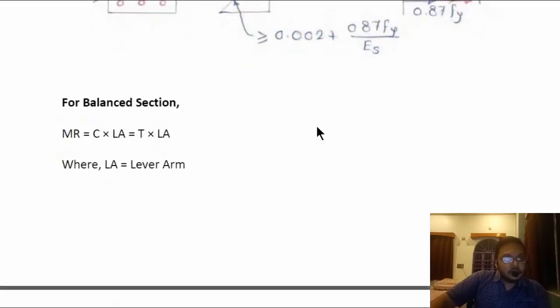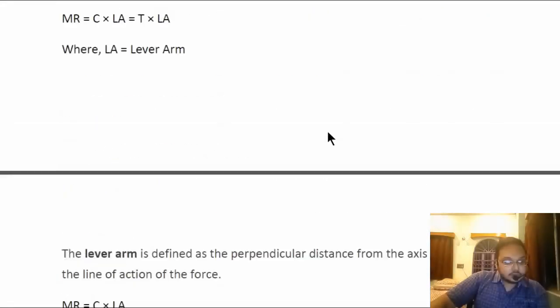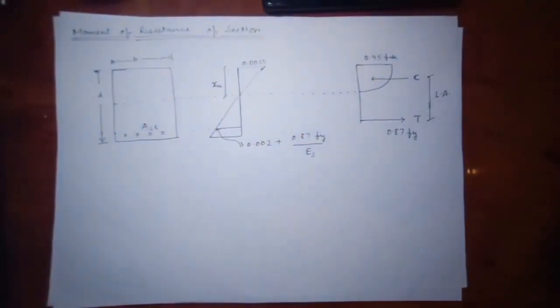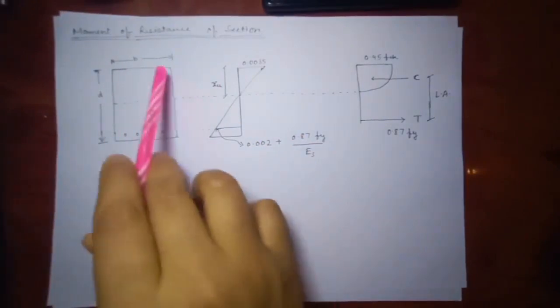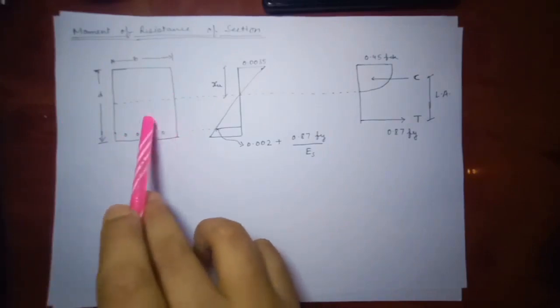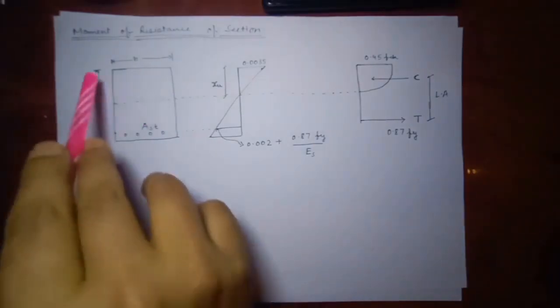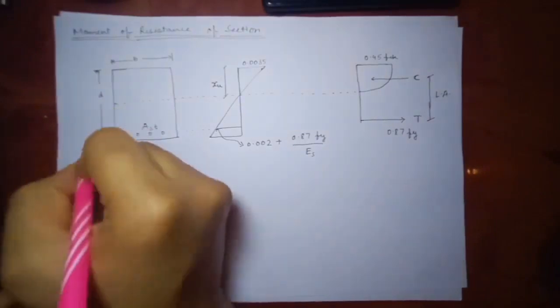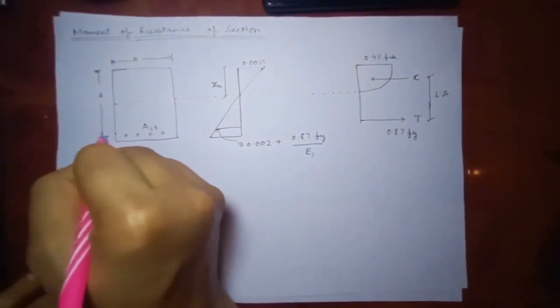Next is the moment of resistance of a section. So let's now discuss the moment of resistance of a particular section, and for this I have drawn this rectangular section with a particular amount of tension steel provided. Suppose the area is AST, and this D is the depth up to this amount of steel.